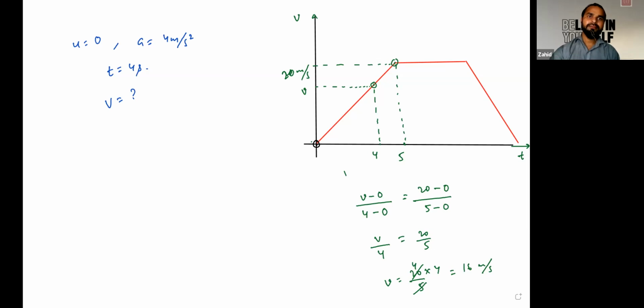Salman, any doubt? Hamza, have you done using this particular equation?